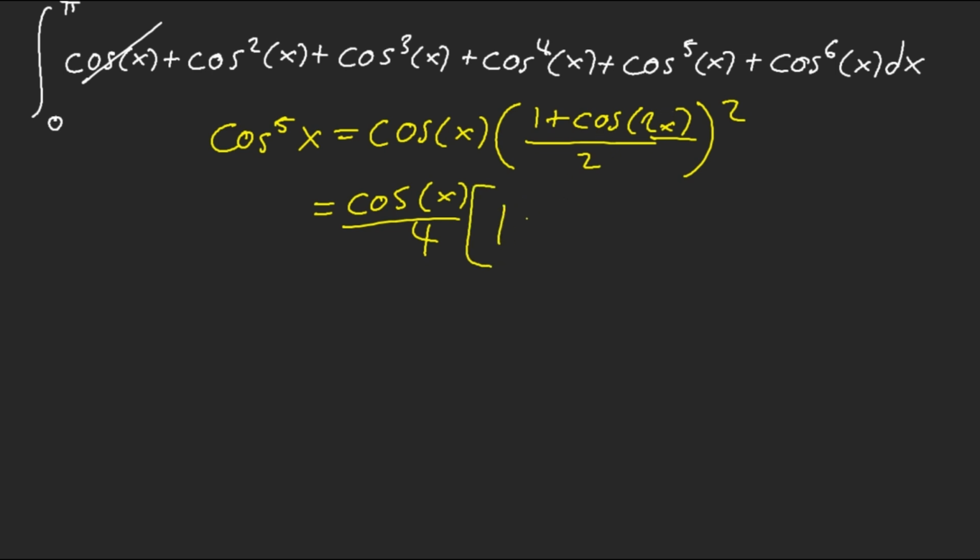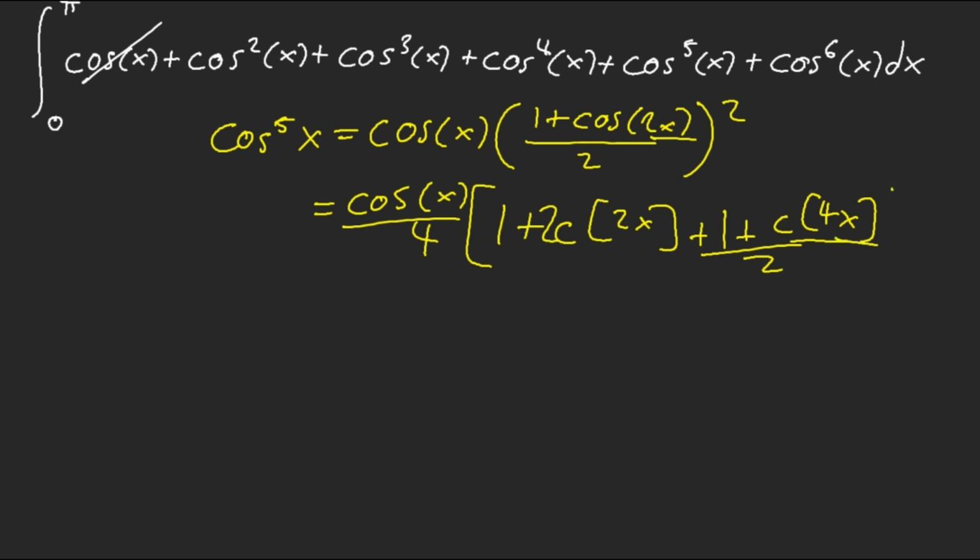This is going to be like 1 plus 2 times cosine of 2x plus cosine squared of this, which is going to be like 1 plus, I'm sorry, another half, technically. Another half cosine 4x, right? Because cosine squared of 2x is equal to this, right?